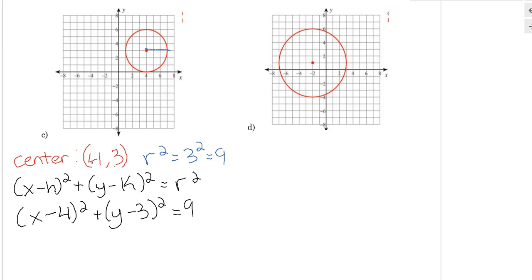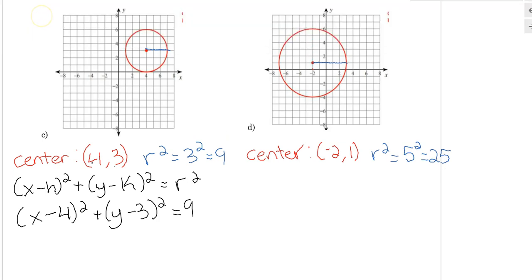All right, our last problem here, our center here is at negative 2, up 1. Then our r is 1, 2, 3, 4, 5 squared, which is 25.